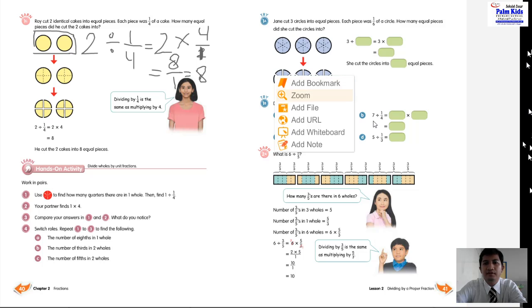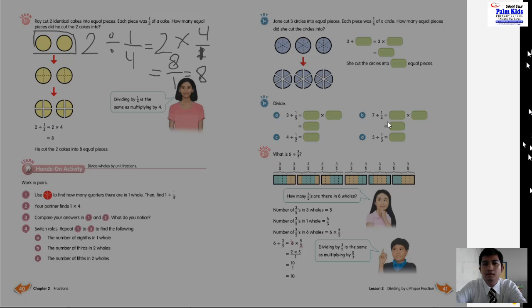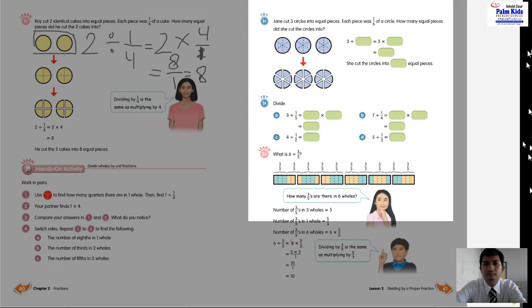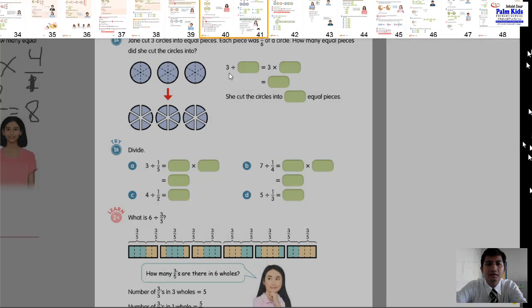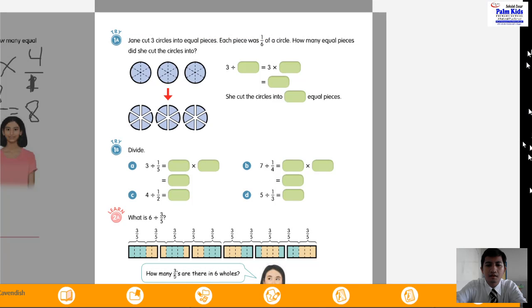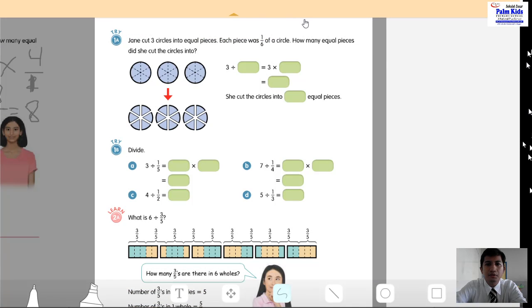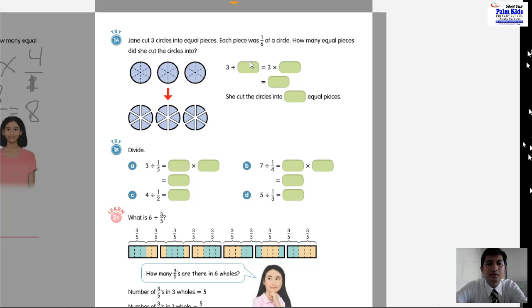Then let's try to fill in page 41. Jane cut 3 circles into equal pieces. Each piece was 1/6 of a circle. How many equal pieces did she cut the circles into?